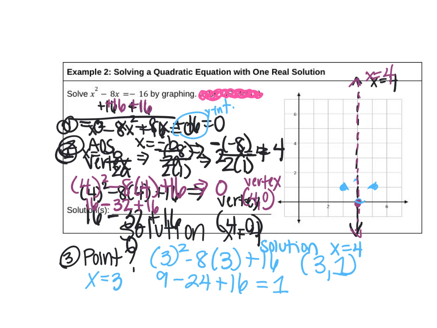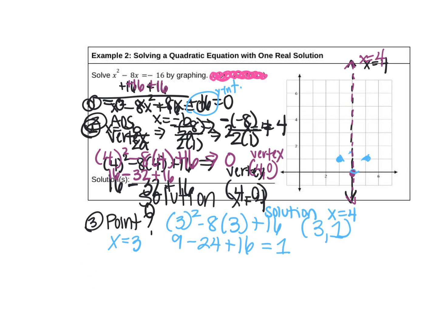So since you still have to get another point on there, easiest thing is, if your vertex ends up being your solution, let's look at that y-intercept. Oh, and we can't even do that because the y-intercept's like 16. It's too big. So it's probably easier just to plug a point in and see where you get, right? So I would pick 3, something right next to that vertex, so it's not a really big point.